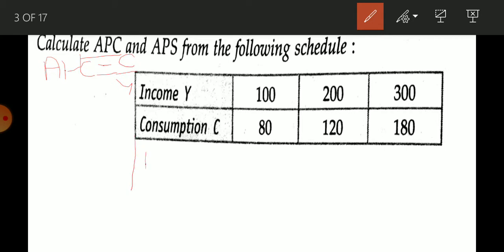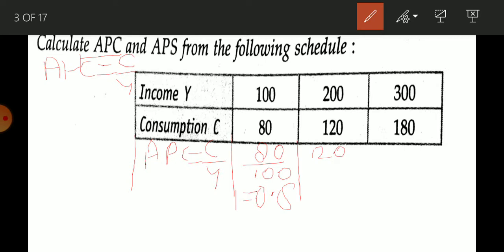APC is equal to C upon Y. So what is consumption? 80. So 80 upon 100. Now when we divide it, we get 0.8. Now next consumption is 120 and income is 200.